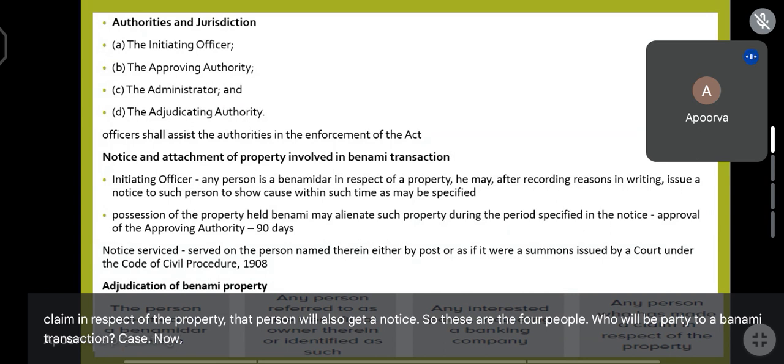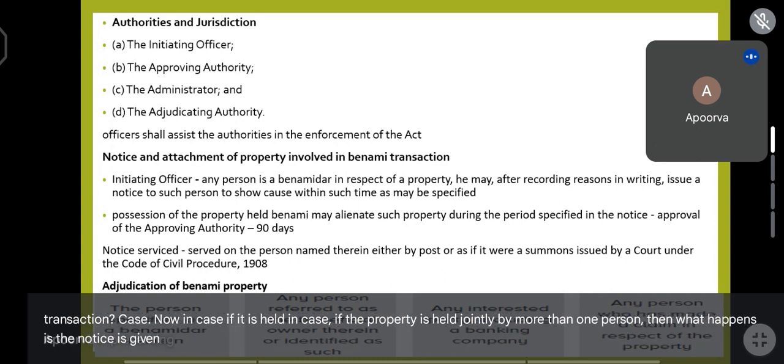Now, in case the property is held jointly by more than one person, the notice is given to everybody.